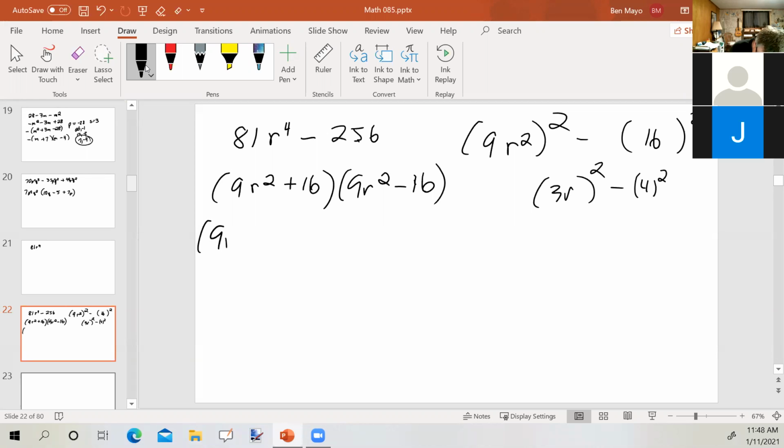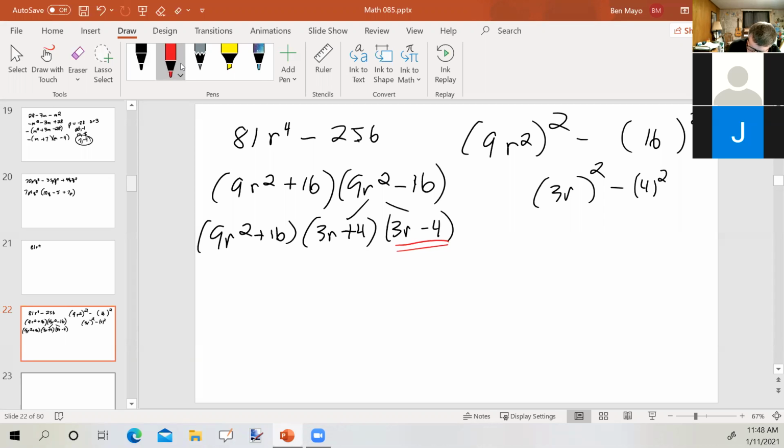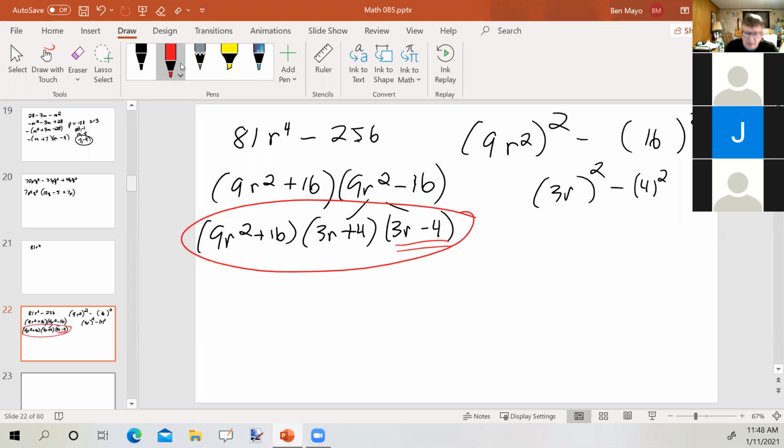So this gets split up into 3r plus 4 times 3r minus 4. Well, again, we have a binomial factor with a subtraction sign, so it is a difference. 4 is a square, but 3r is not a square. So there's our final answer. We can't go any further than that.